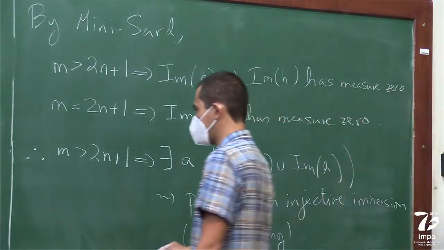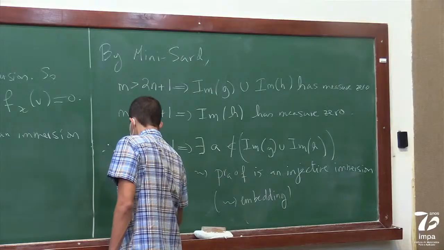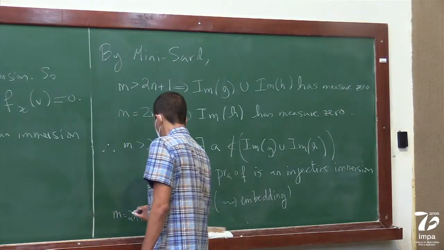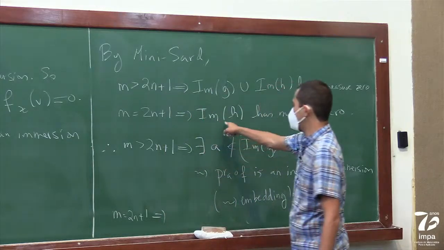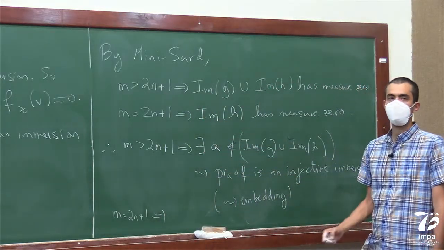And again, if m is equal to 2n plus 1, then there exists something that's not in the image of H, so you still have an immersion.